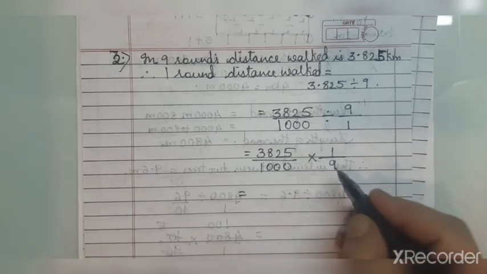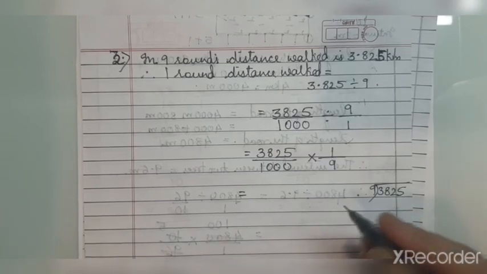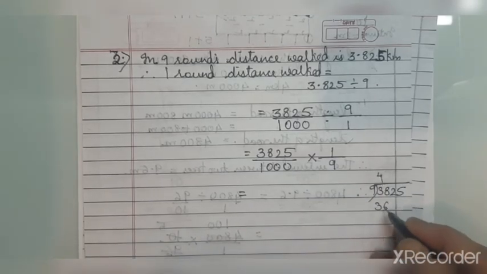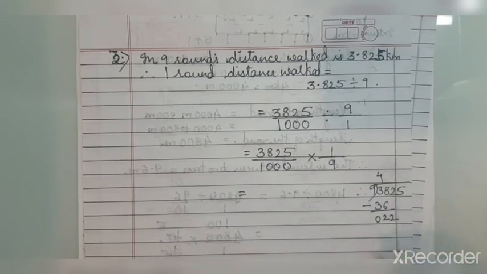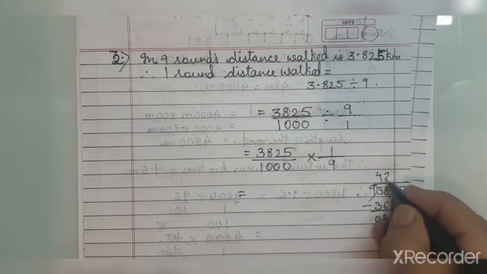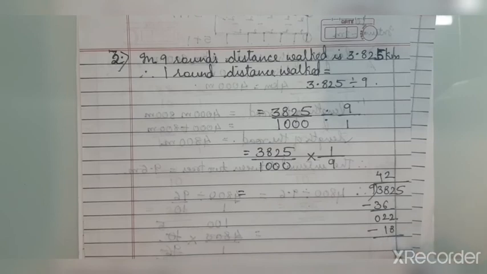Clear? So I can show you here at one side. Okay, so 9 fours are 36, we know. Then 38 minus 36 is 2, 2 minus 0, you take 2 down, then 9 twos are 18. Okay, then 22 minus 18 we get 4, 5 is brought down.